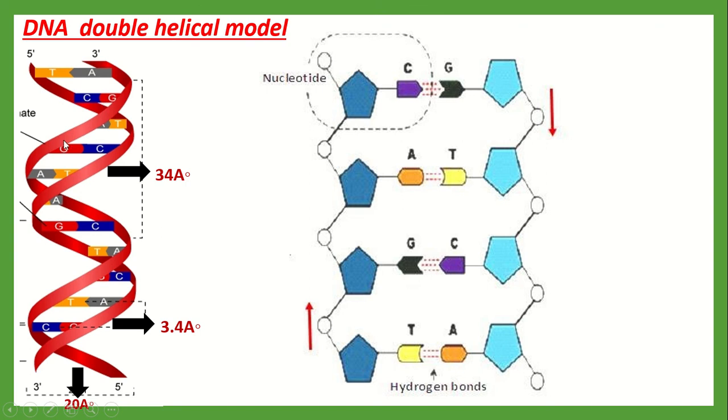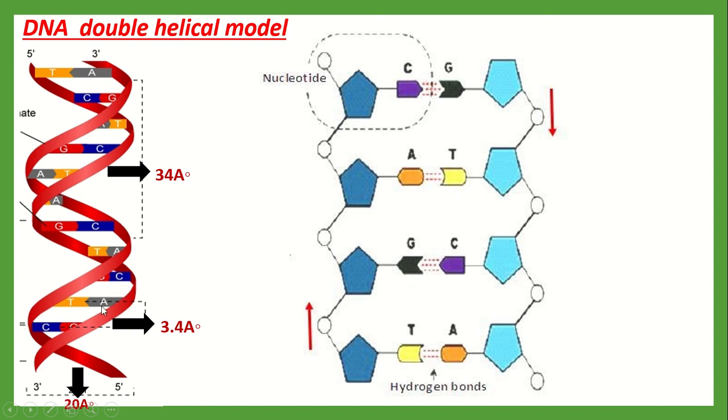When one turn is completed, here a big space is found. This big space is called major groove, and everybody see, here a small space is found. This small space is called minor groove. And the diameter of these 2 strands is 20 angstrom.